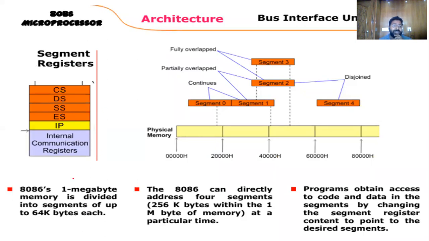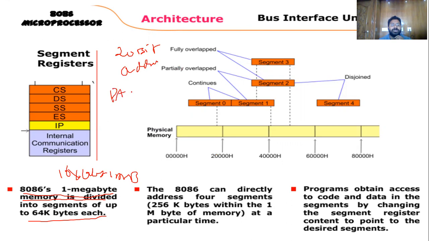Next, the segment registers. You know that the memory size of the 8086 microprocessor is 1 MB, which is divided into 16 logical segments, each of 64 KB. So 16 times 64 KB is equal to 1 MB. The microprocessor generates a 20-bit address, the physical address.